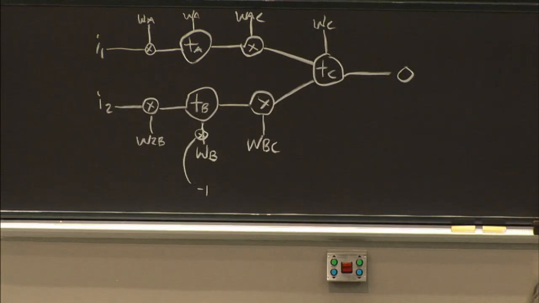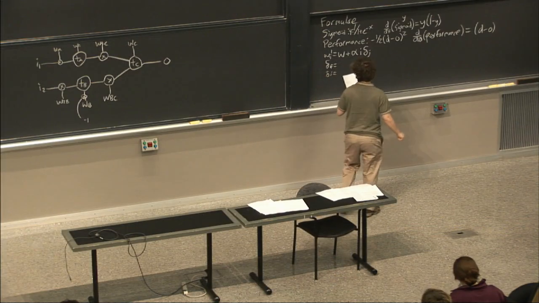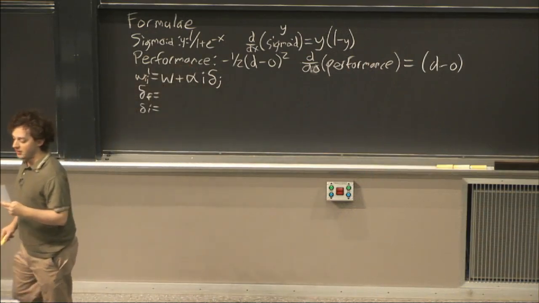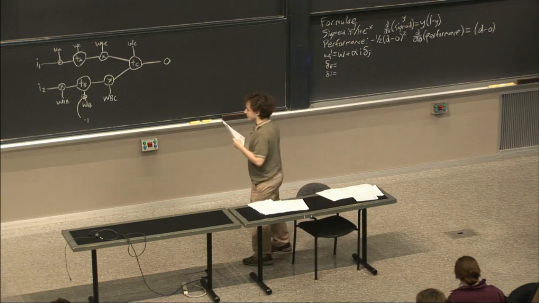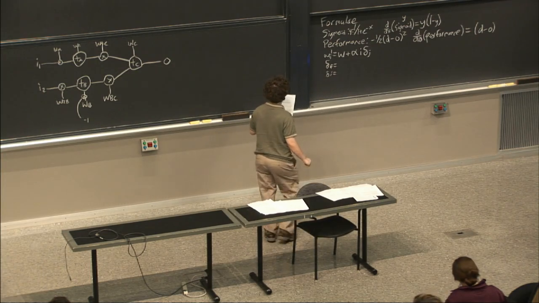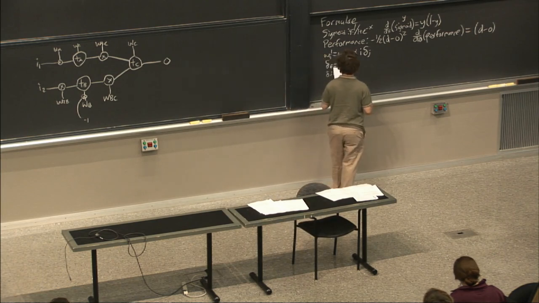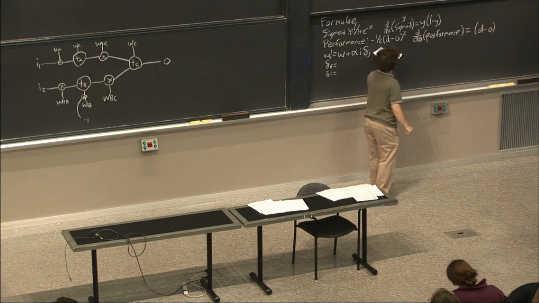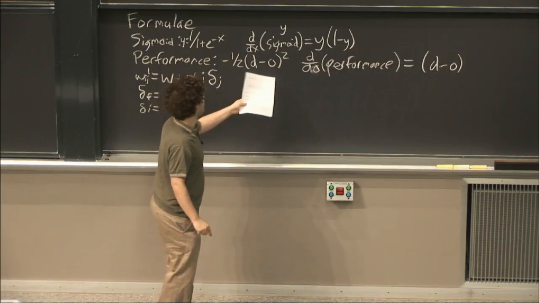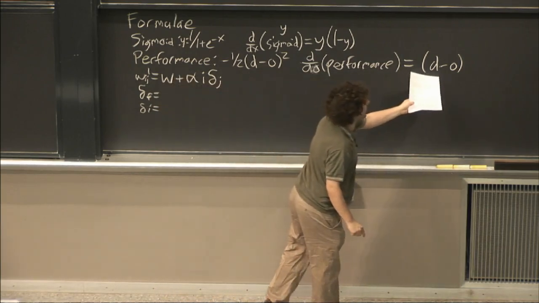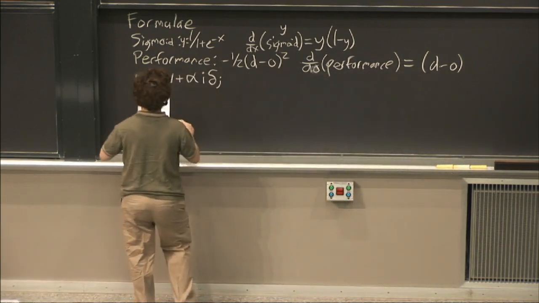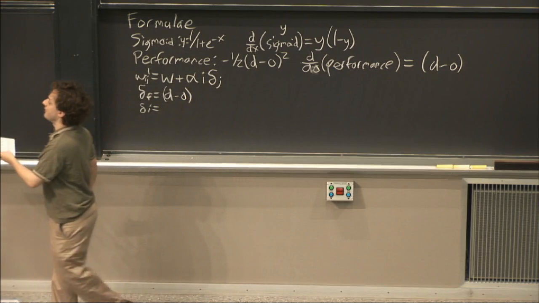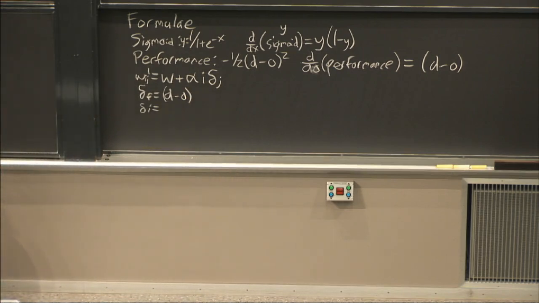And we do that by, first, we remember what the partial derivative is. The way that the final weights are contributing to the performance is just the performance function. Partial derivative, well, I've already figured out the derivative here. It's just d minus O. This is for final weights, the weights in the last level.